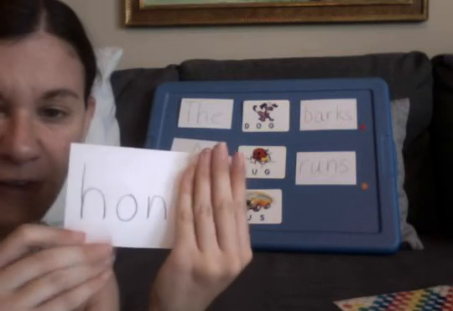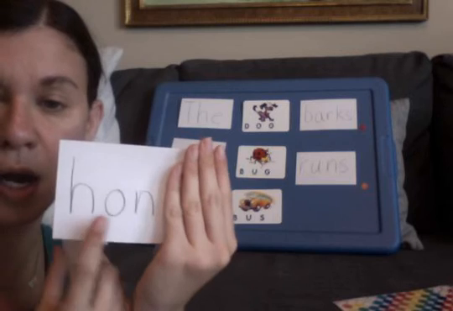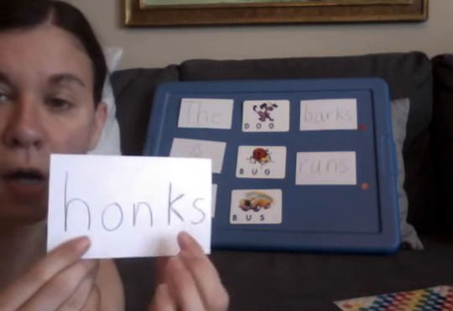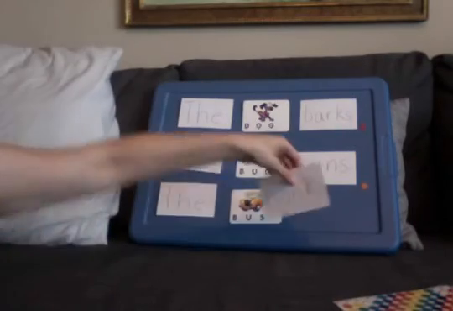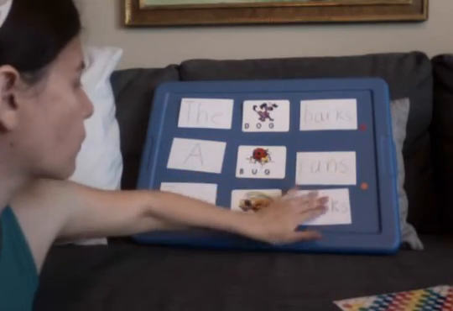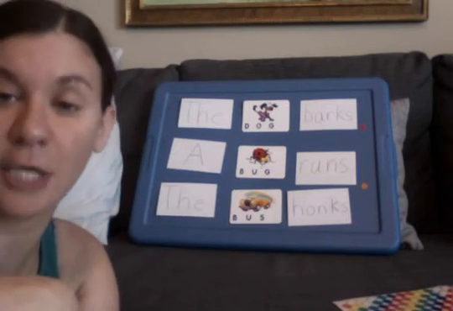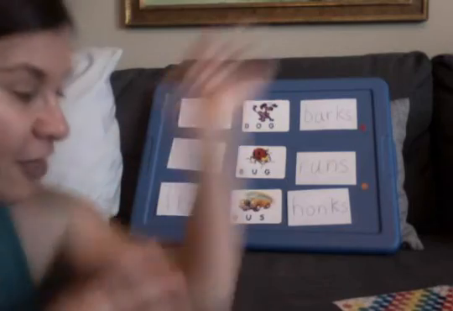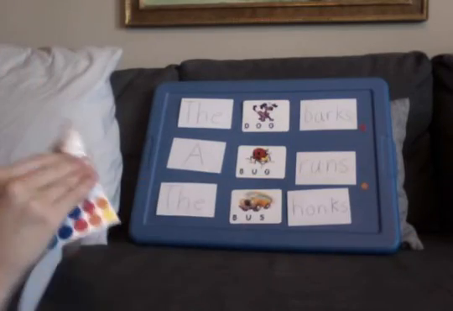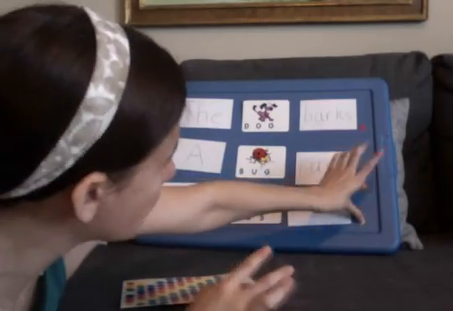So remember, we found a sight word inside, so that was on, honks. The bus honks. Does that make sense? Can a bus honk? Yes, it can. The person inside can definitely honk. All right, and I'm done. So I'm going to put my smiley face dot at the end.